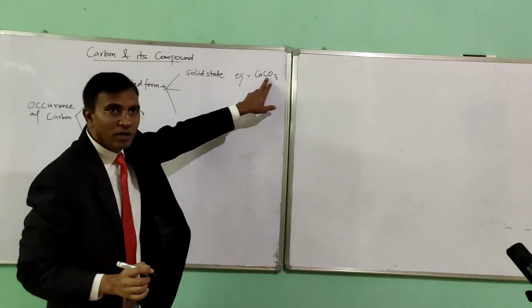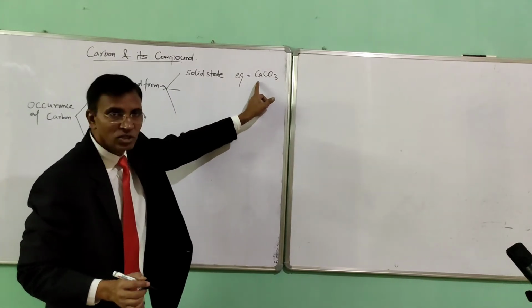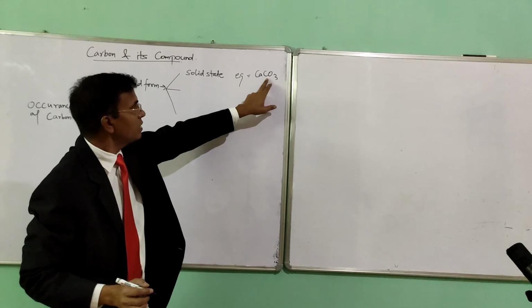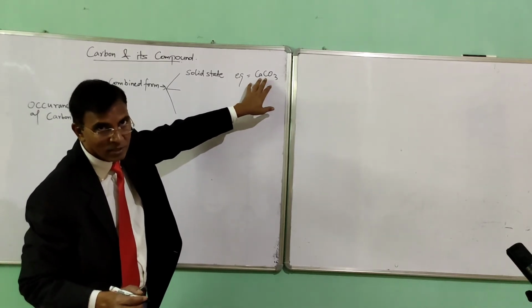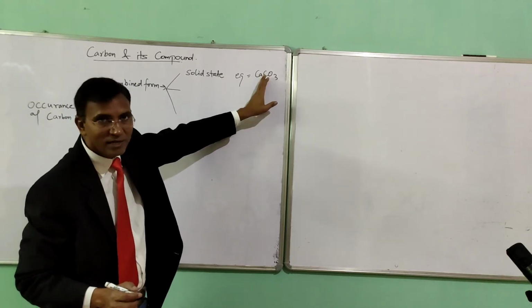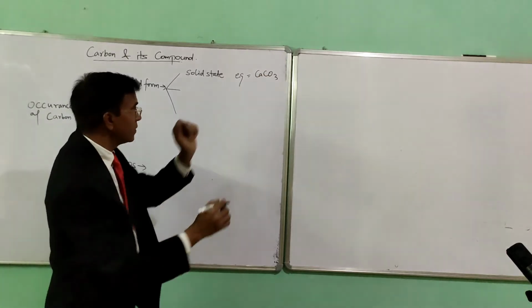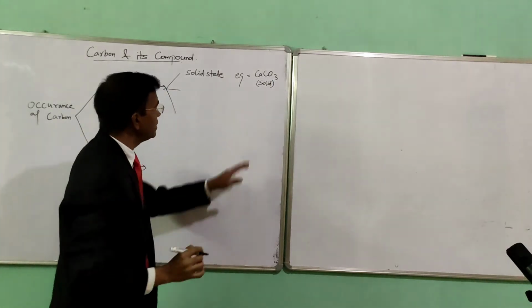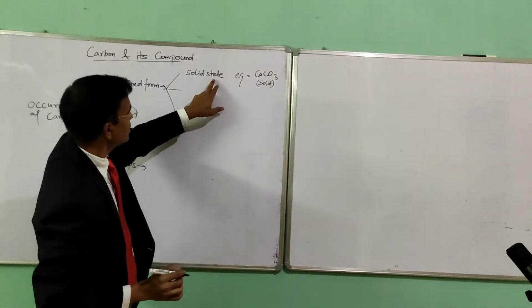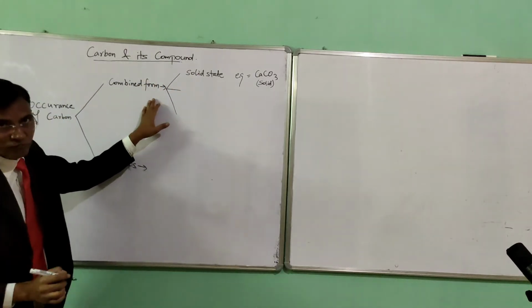Here carbon is present with oxygen and calcium, right? So carbon is combined here with the other elements, and it is in the solid state. So carbon is present in the solid state in combined form.